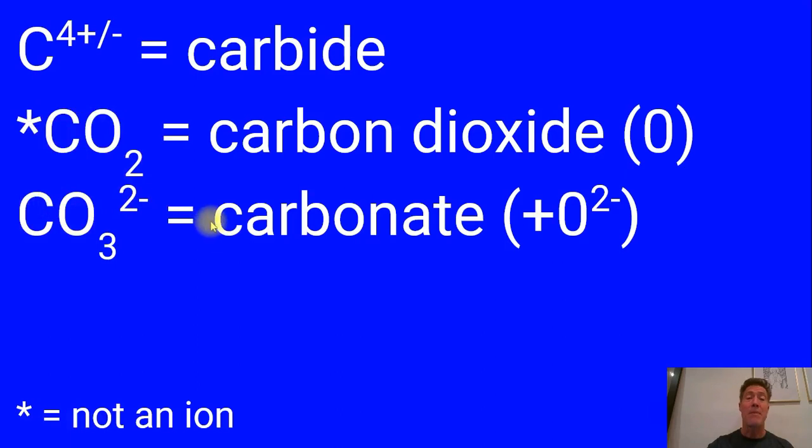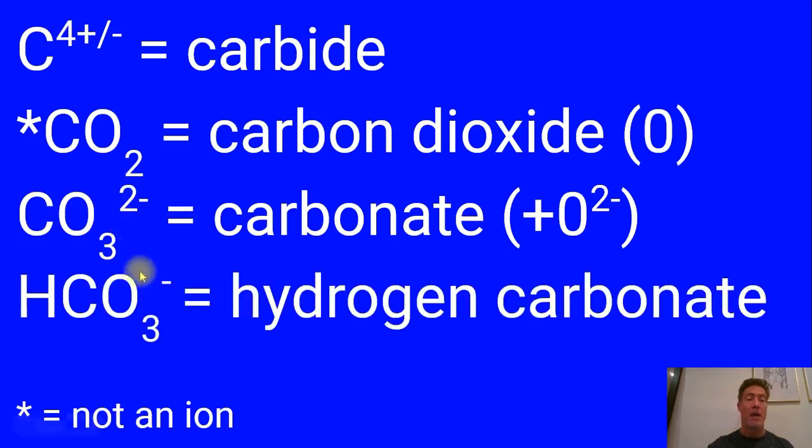So you can think about carbonate, the polyatomic carbonate, as being carbon dioxide plus another oxide ion added to it, if that helps. Otherwise, you just have to brute memorize this one, CO3, -2.